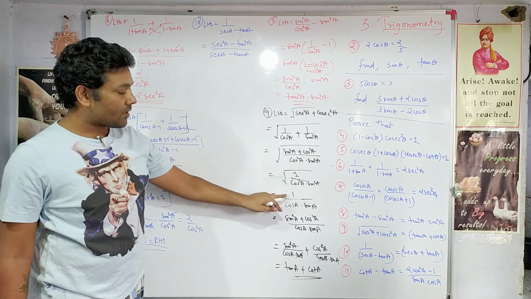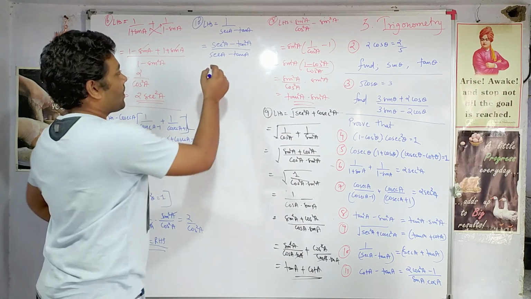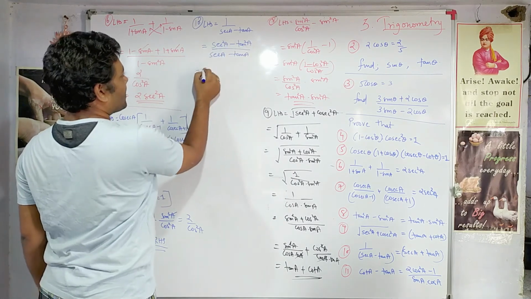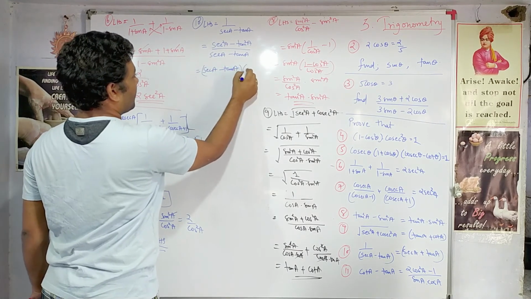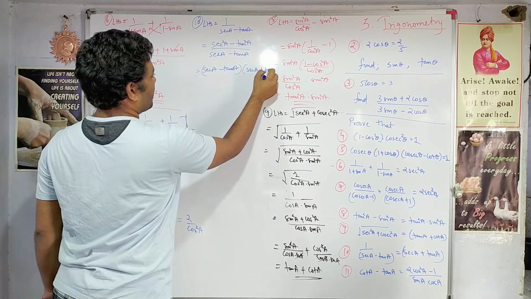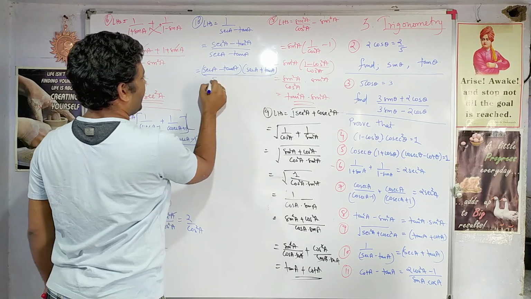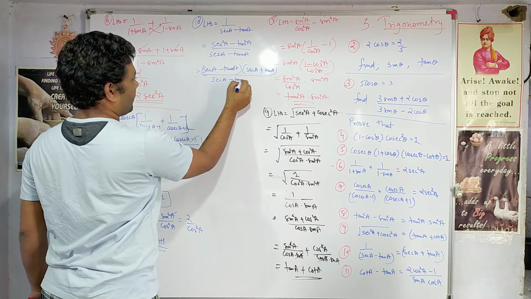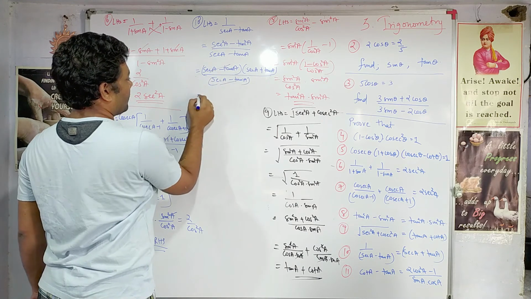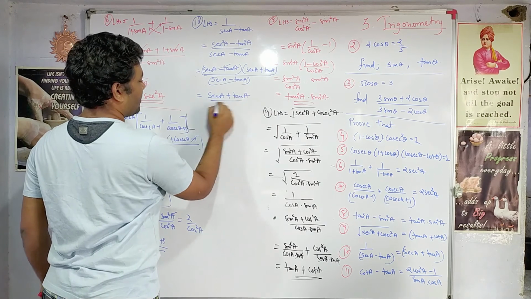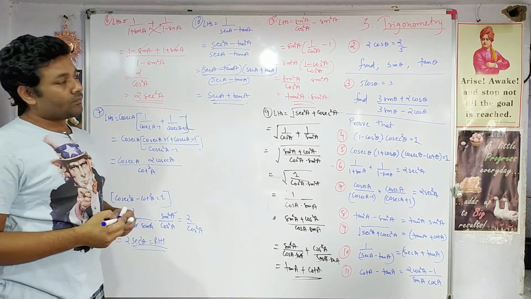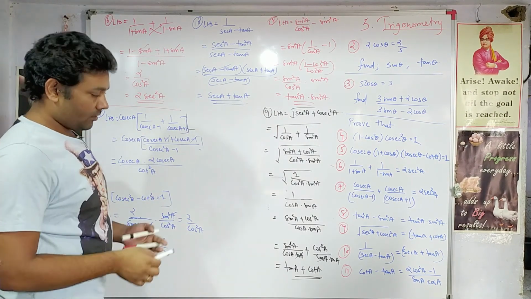Here also I replaced 1 with a square relation. So here a square minus b square can be written as a minus b, a plus b, right, sec a minus tan a. So here, simple sum, we got the answer, right? Yes, here we have the answer.